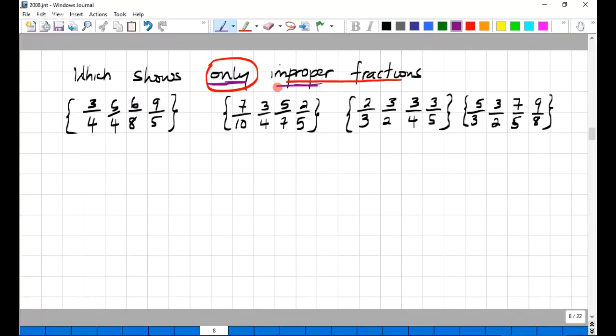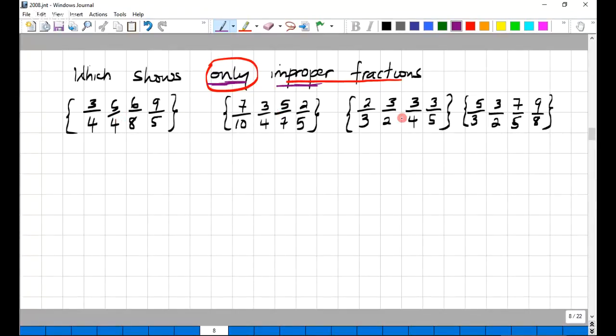An improper fraction is a fraction in which the numerator is larger than the denominator, or equal to it. Okay, let's polish that response a little better. An improper fraction is one in which the numerator is greater than or equal to the denominator.